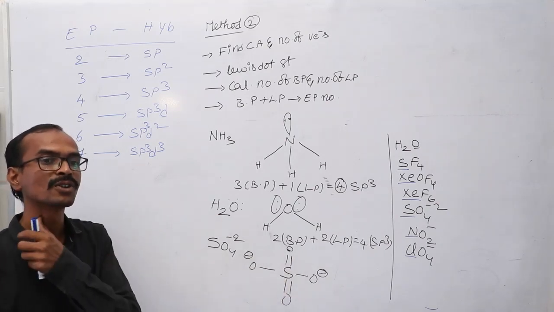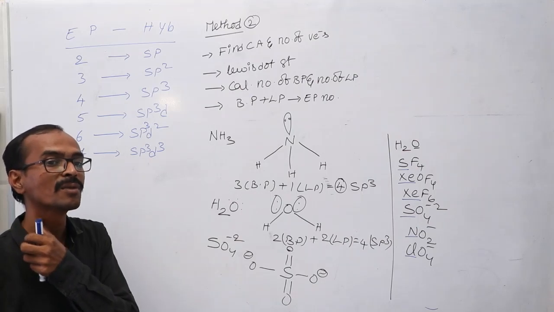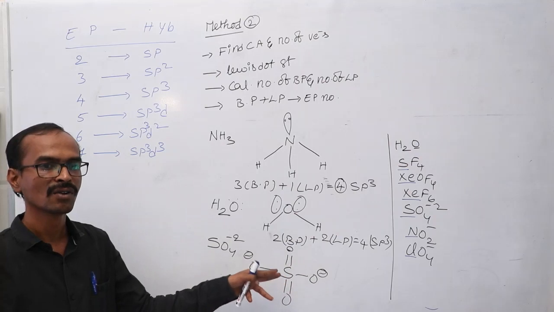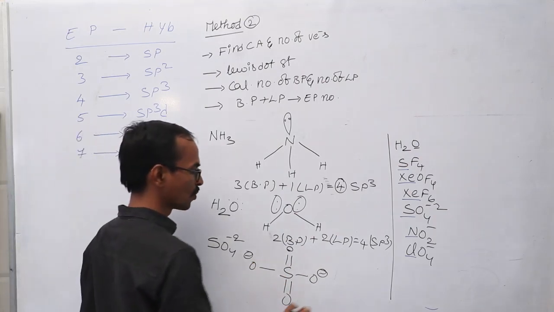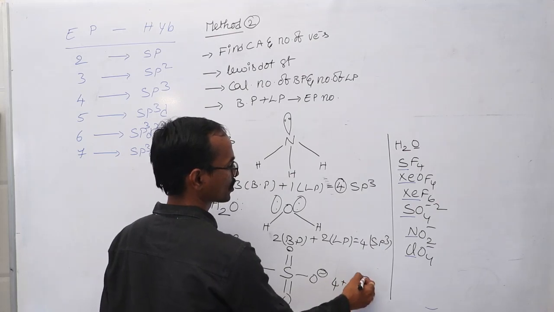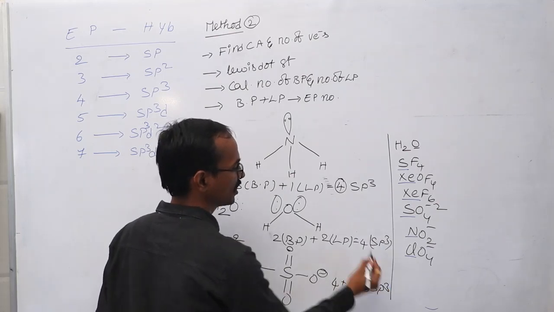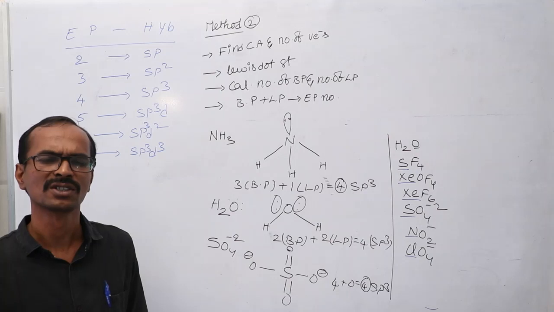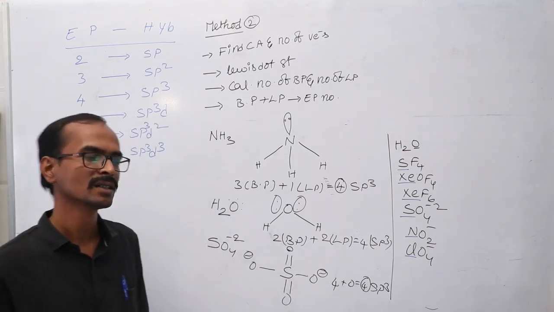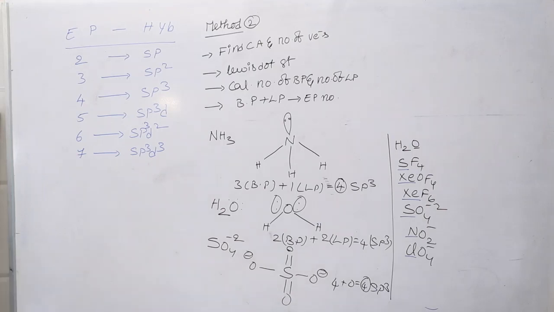How many sigma bonds? You have to calculate only the sigma bonds around the central atom. How many sigma bonds are there? 4. So 4 bond pairs, 0 lone pairs. So the hybridization will be sp3 hybridization. This is the second method and simple method, right? Have a look at this.